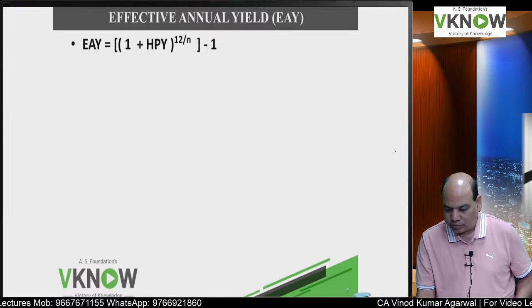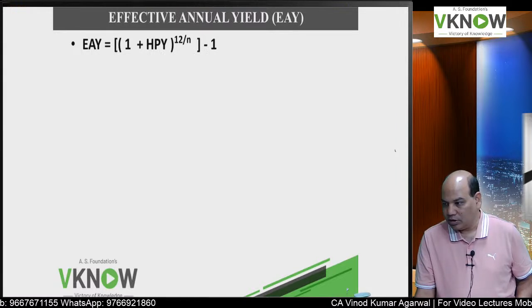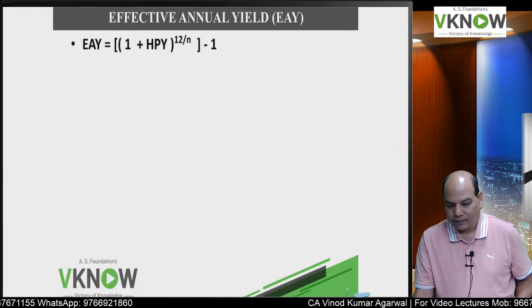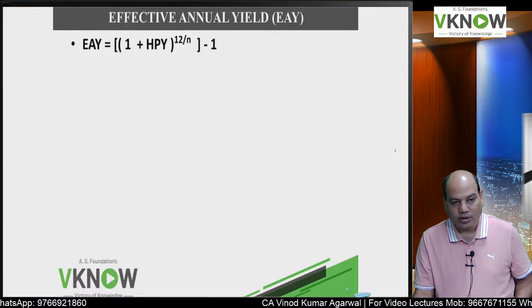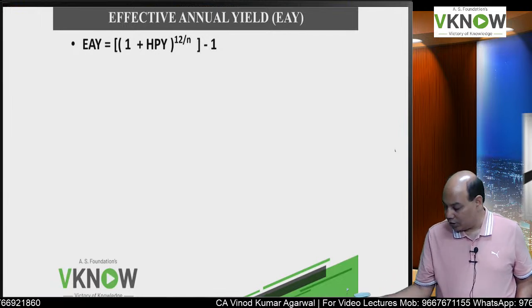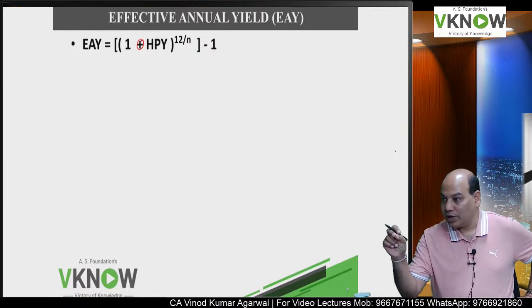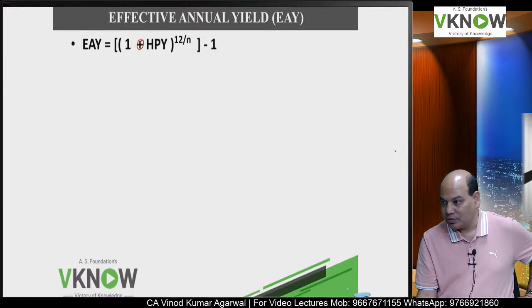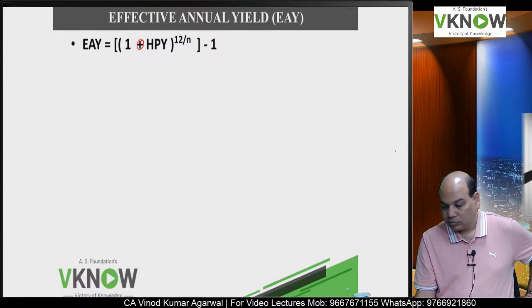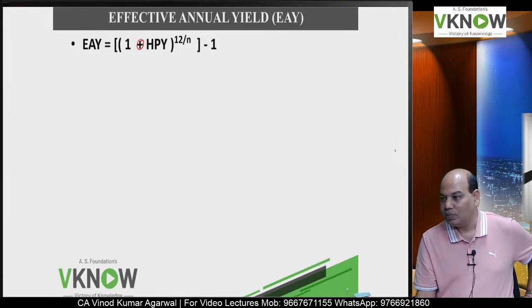Now I will calculate effective annual yield, EAY. The formula is 1 plus holding period yield to the power 12 by N, bracket close, minus 1. Now this time your return is negative. So here, instead of plus, while solving you have to deduct 0.89 from 1. Is it right? Purposefully this question is given so that if you get a negative holding period yield, don't get scared.